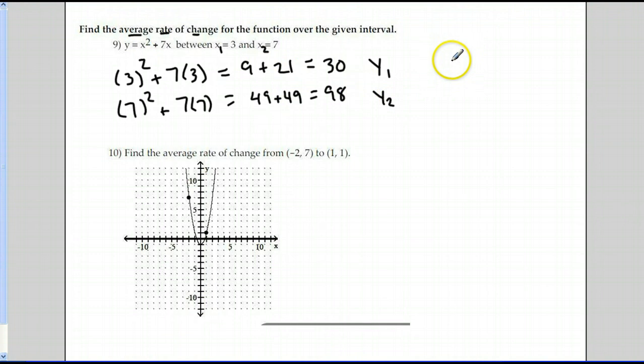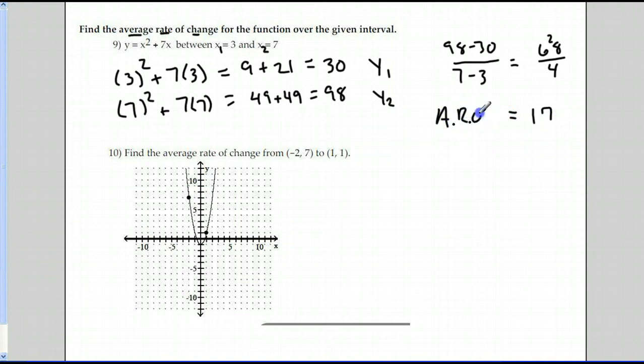So y2 minus y1, 98 minus 30, over x2 minus x1, 7 minus 3. Alright, 98 minus 30 is 68. 7 minus 3 is 4. 4 goes into 6 one time. Remainder of 2. 4 goes into 28 7 times. So our average rate of change, which you can just abbreviate AROC, is 17.